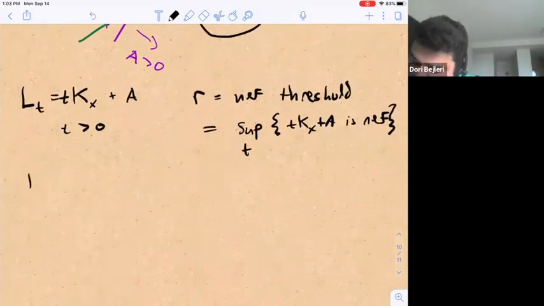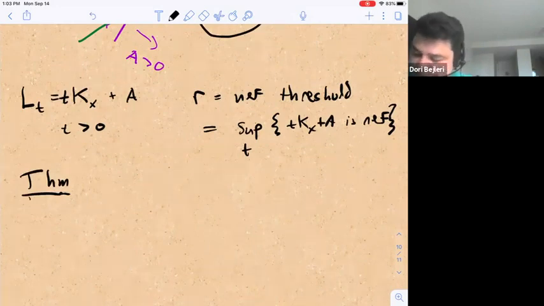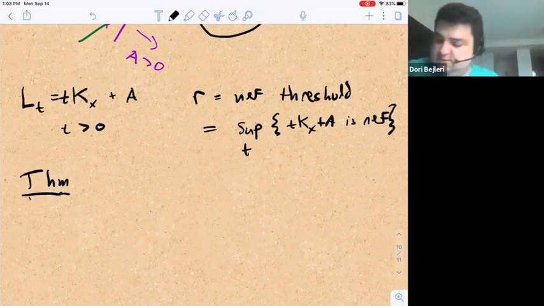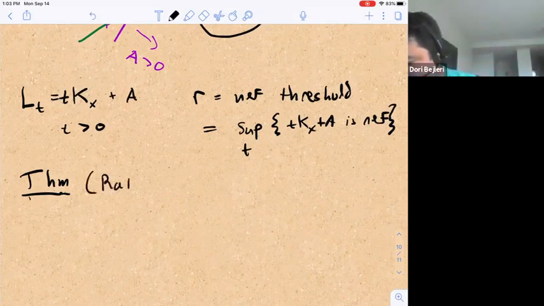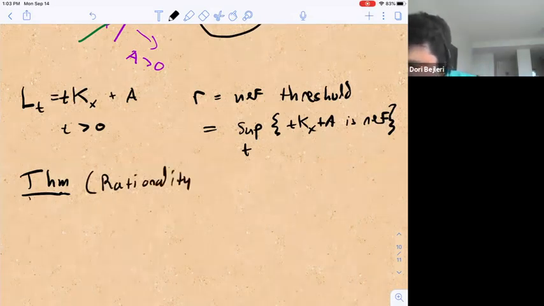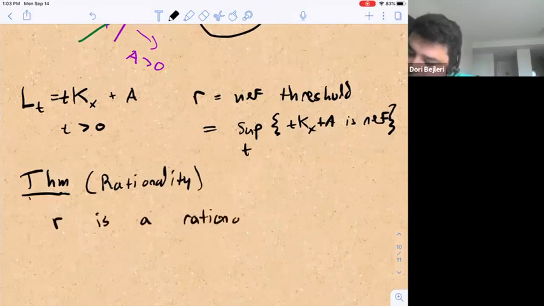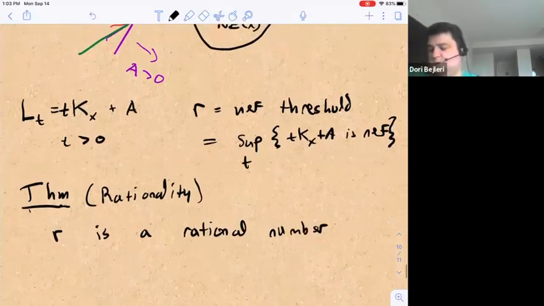So the first very important theorem, which you can prove for surfaces kind of by hand if you really just get your hands dirty, but we're going to prove more generally, so I'll move that to later in the course when we do it in higher dimensions, is the rationality theorem, which is that r is a rational number. So what this tells us in particular is that it makes sense to take some large enough multiple of L_r to get an actual line bundle. So we have a hope of carrying out our strategy of understanding the geometry of X by producing a linear series.